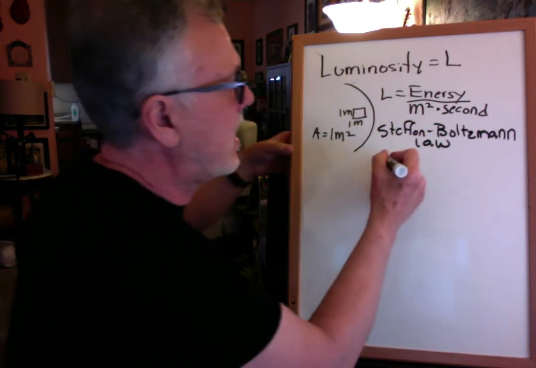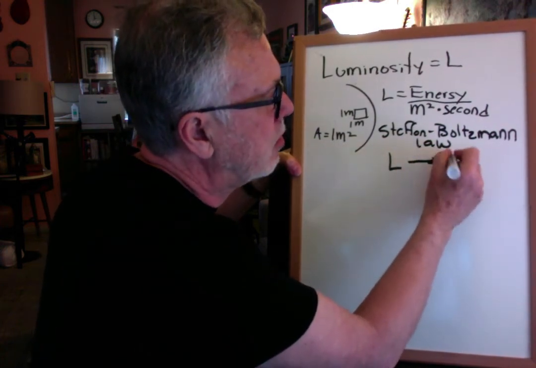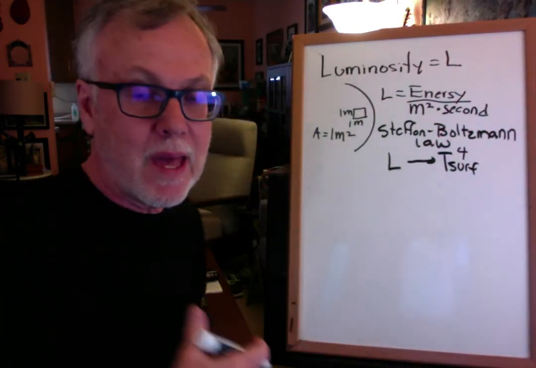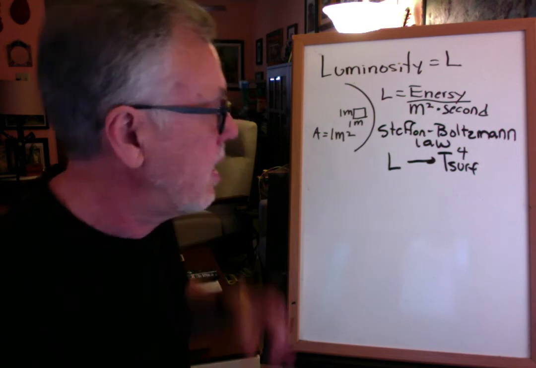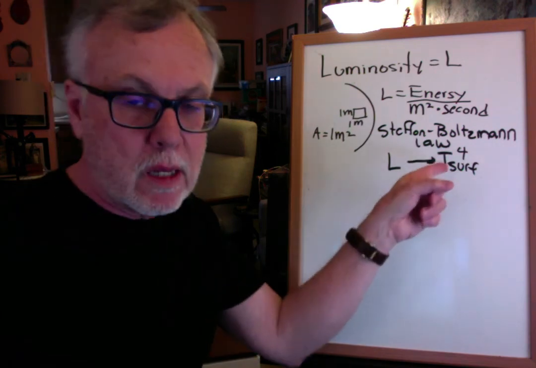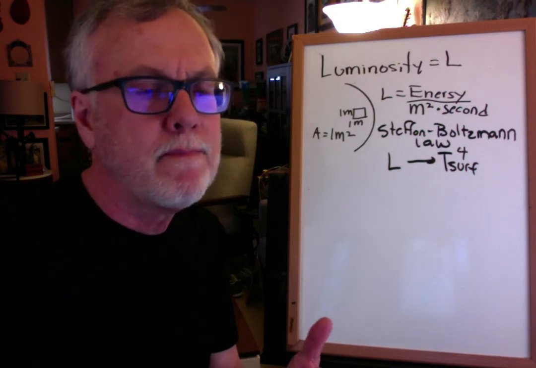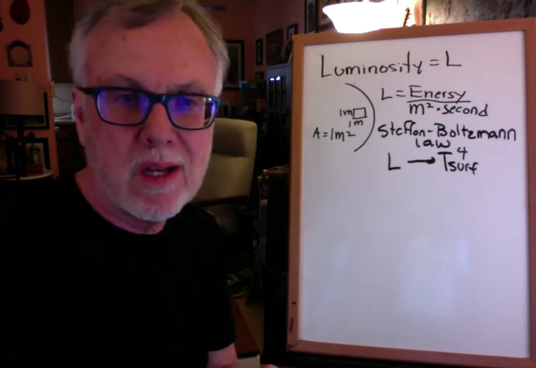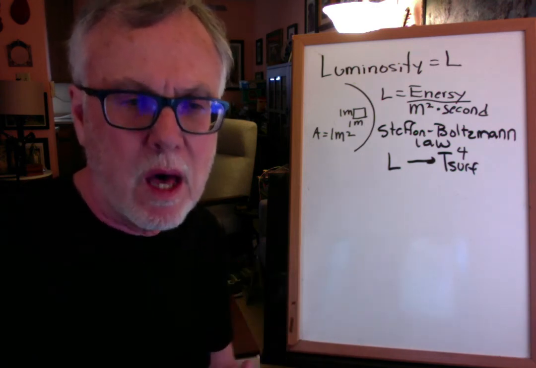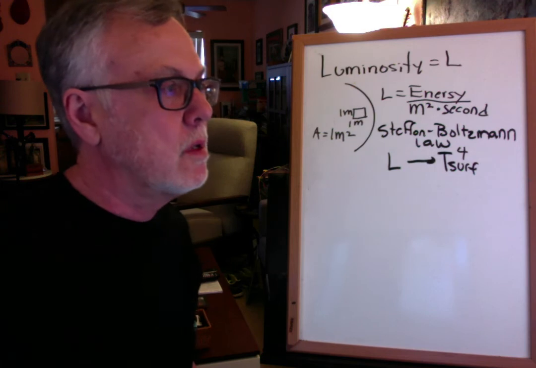All I'm going to say is that the luminosity is related to the surface temperature to the 4th power. So that says that how much energy comes out every second from every square meter of the surface of a star is deeply related to how hot that star's surface is. Remember, what's the hotter star? It's the blue stars. So blue stars will have a tremendously greater amount of energy flowing out of their surface every second out of every square meter because they're hotter.